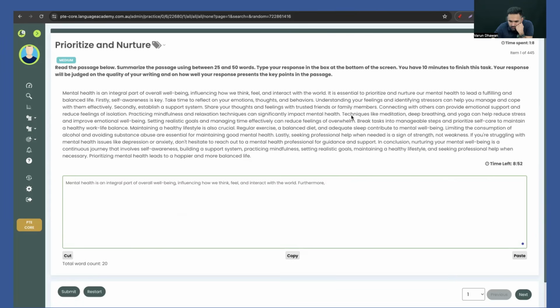Let's write this sentence. Techniques like meditation, deep breathing, and yoga can help reduce stress and improve emotional well-being.